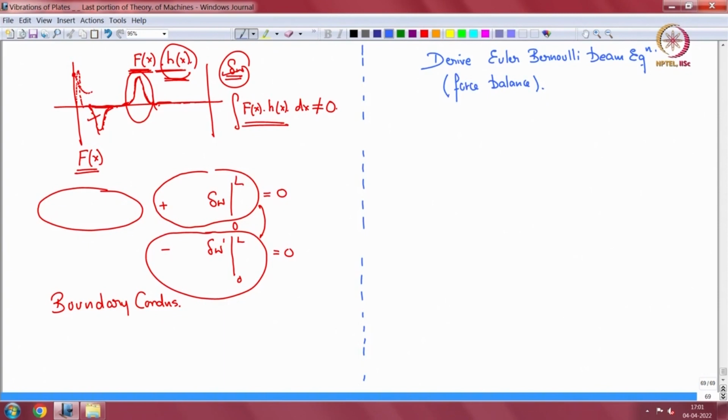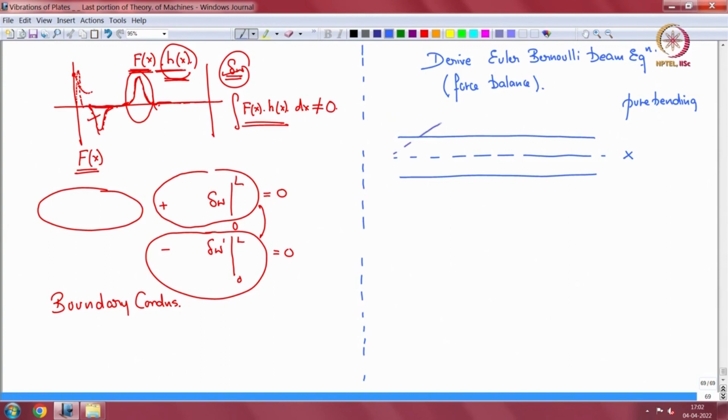So let's see, we have our beam: top surface, bottom surface, the middle line, neutral surface. So we'll do pure bending, which means the neutral axis does not stretch. This is my x, that way is my y, vertical is my z.